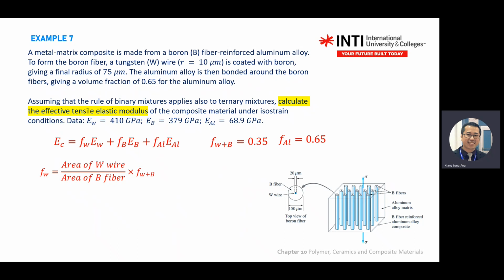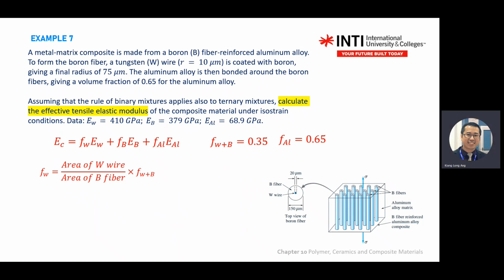Okay, so from here you can calculate the B and W, the area fraction. If you cut this one, you should be able to see the W area and B area. So you take W over the area of B, multiplied by the fraction of 0.35.